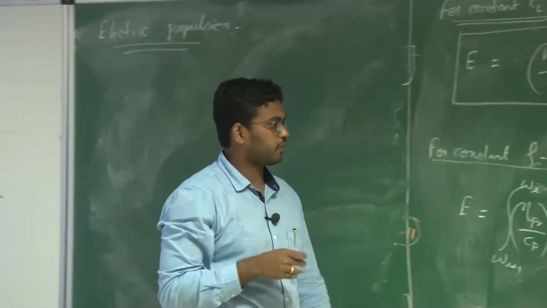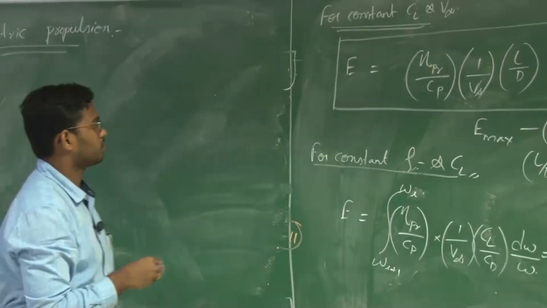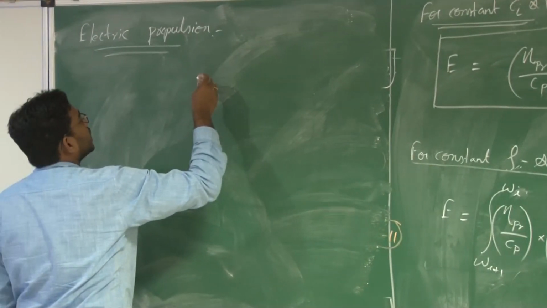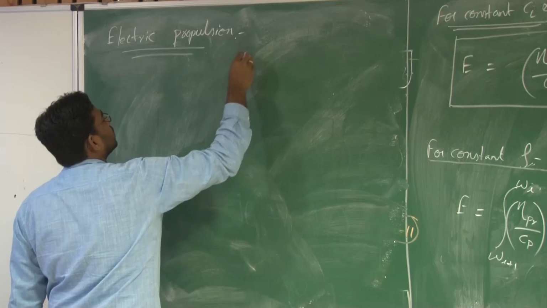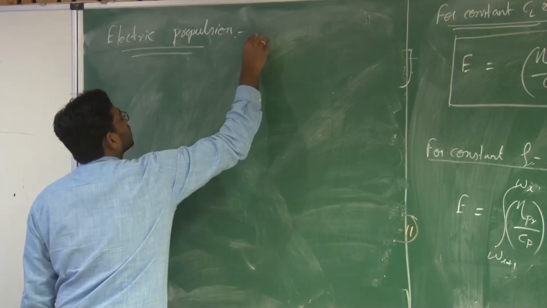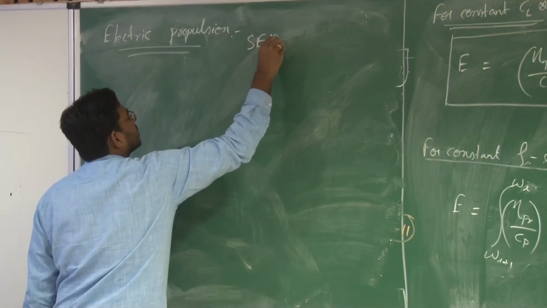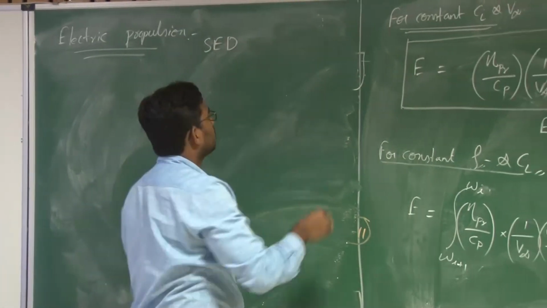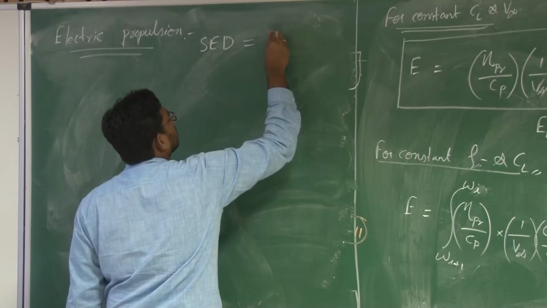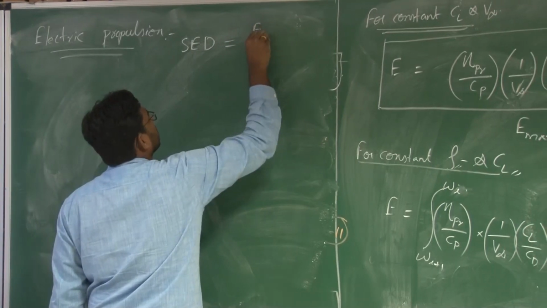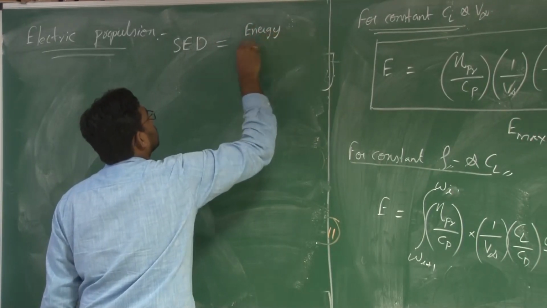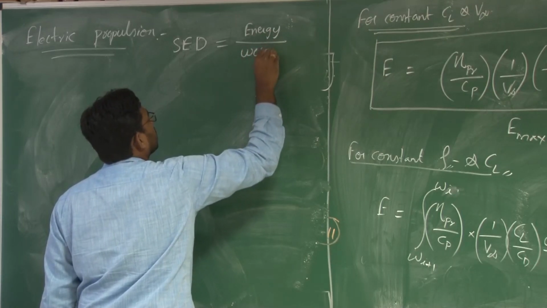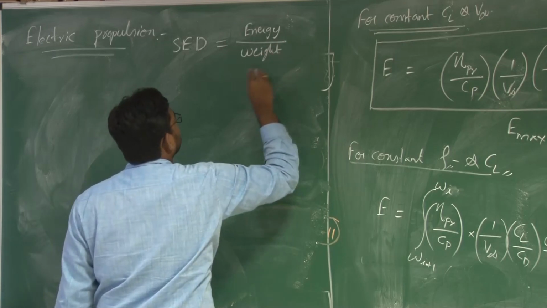For an electric powered or battery powered propulsion system, what we need to define is the specific energy density of the battery, which talks about the amount of energy stored per unit weight of this battery.